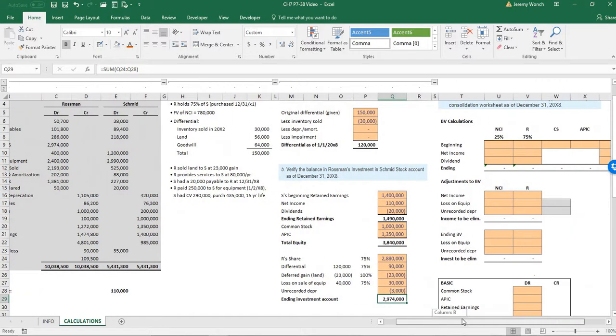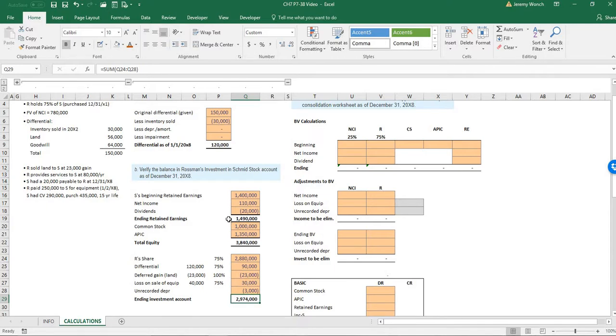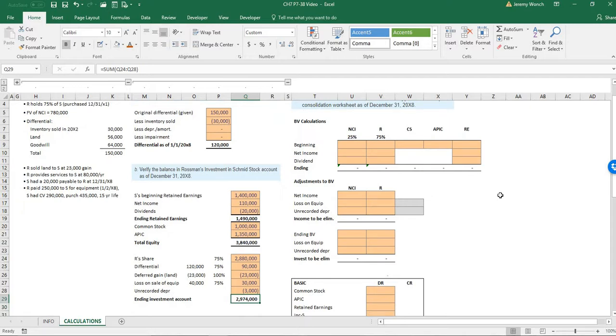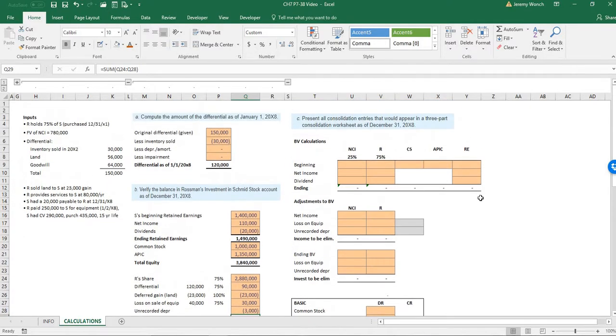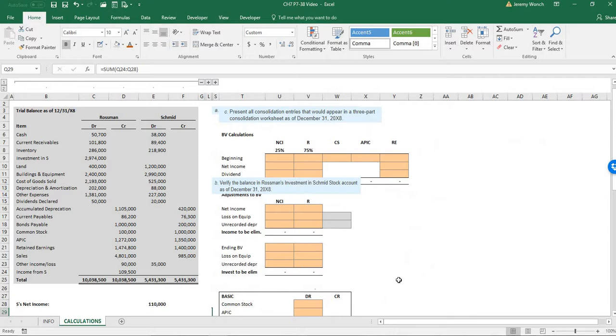Okay, so I'm just going to shrink the trial balance over. And so now we have part C, and so now we just have to do the consolidation journal entries. We'll start off by doing the book value calculations. Actually, I'm going to unshrink the trial balance because we probably want that, and I'm going to shrink these two.